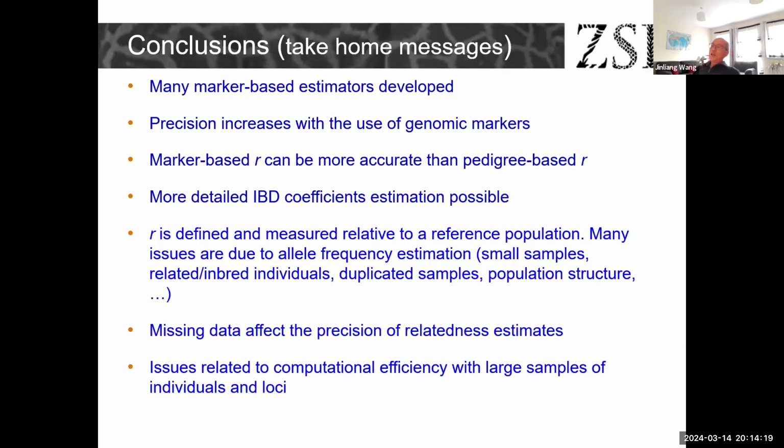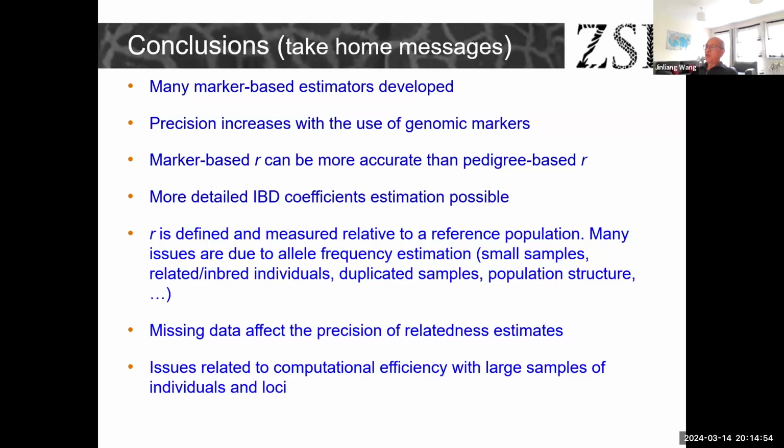Another conclusion we can reach is that the precision and accuracy of a marker estimator increases with the use of more marker data, more markers. So when we have a lot of marker data, we can get a more accurate estimate of the genomic or realized or actual relatedness than a pedigree-based estimate.